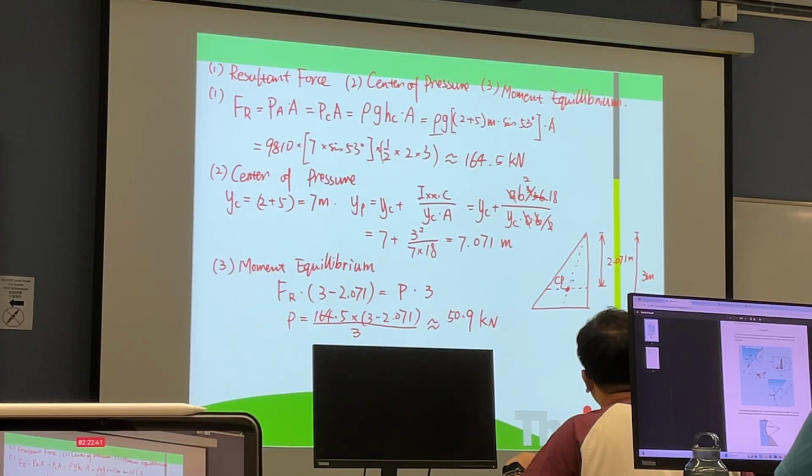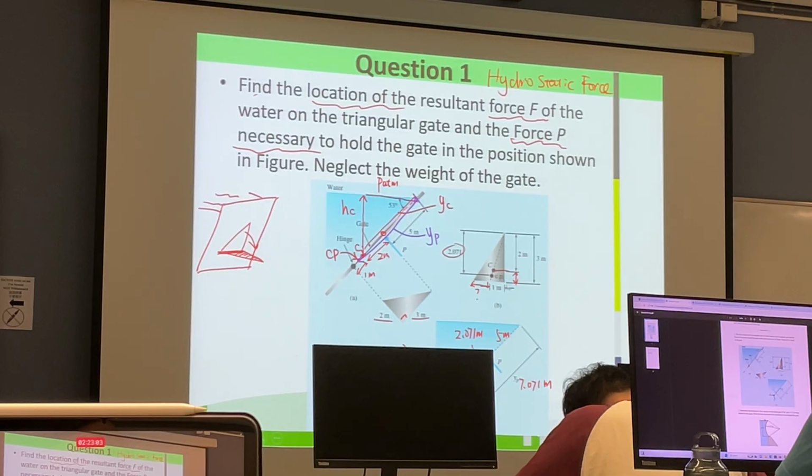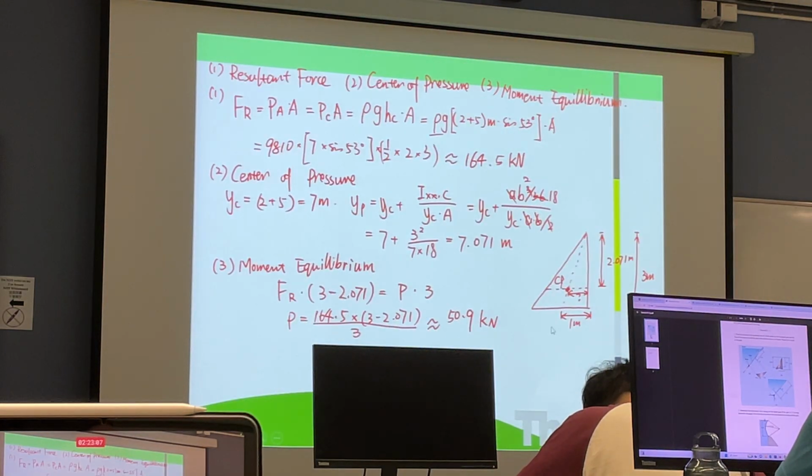Now, you can estimate the distance here. The distance from the bottom edge is half width, which is 1 meter, because the total width is 2 meter.